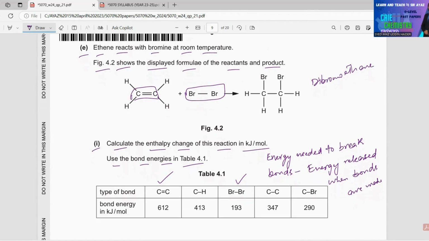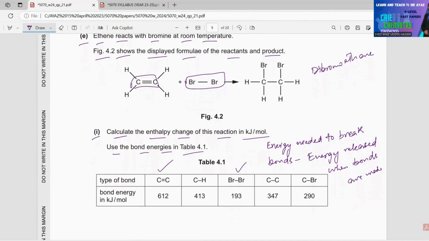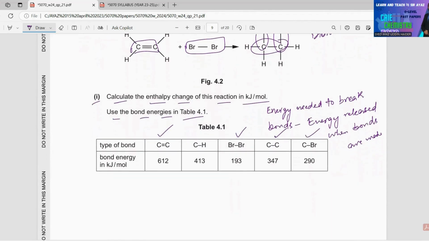What about the product side? On the product side, we are having bonds formed, which is C-Br. There are two C-Br bonds. And we are also having C bond C. So what I'm going to do, there's one C double bond C, so I write 612 plus 1 Br-Br 193, bracket, minus energy released when bonds are made.